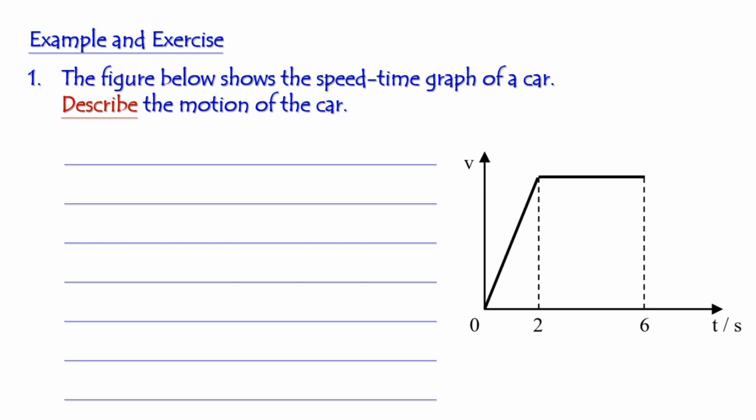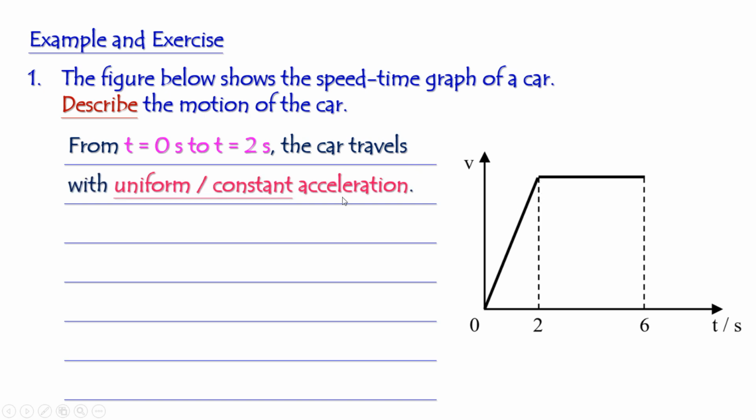So you can say in this way, from time equals 0 second to 2 second, that means the first part of the journey, the car starts from rest and then the speed increases uniformly to a certain value. So you can say that the car travels with uniform or constant acceleration.